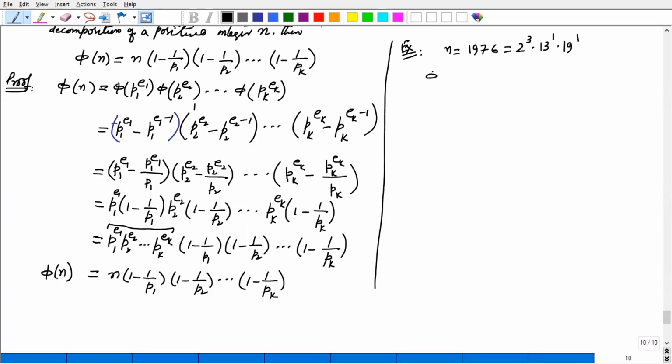So phi of 1976 is 1976 times 1 minus 1 over first prime, which is 2, then 1 minus 1 over second prime, which is 13, times 1 minus 1 over third prime, which is 19. Okay.